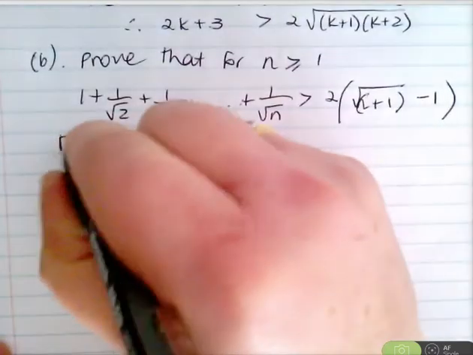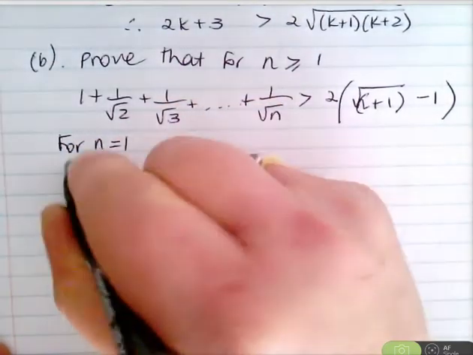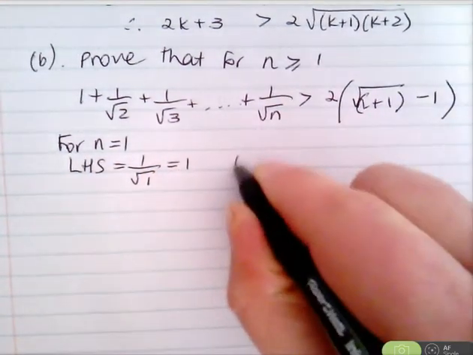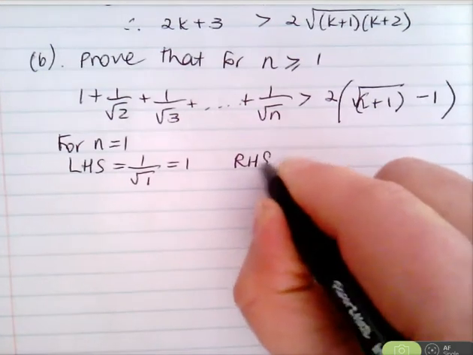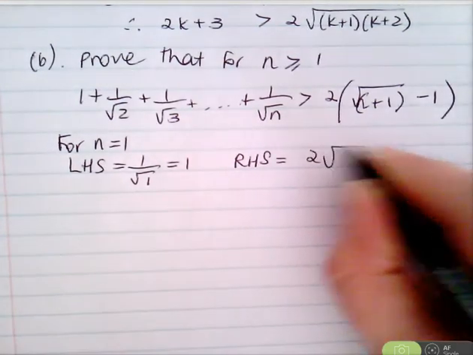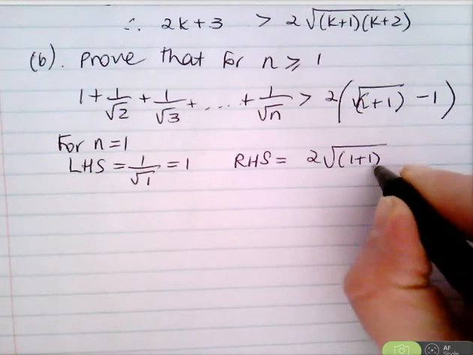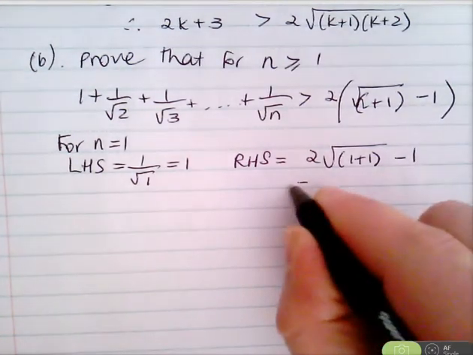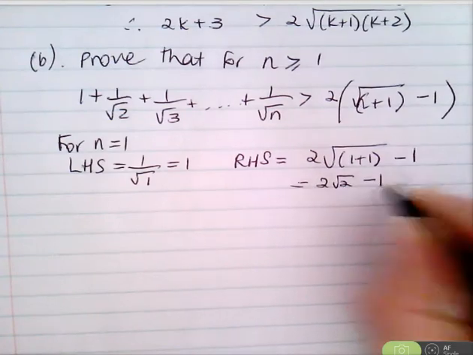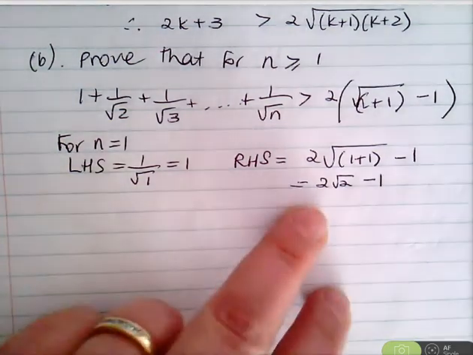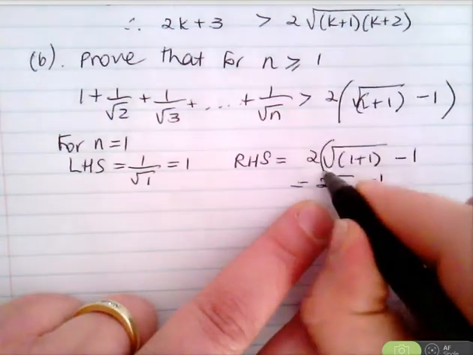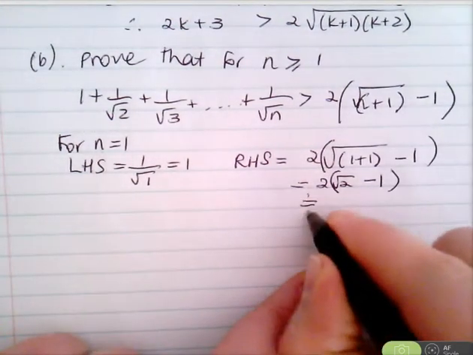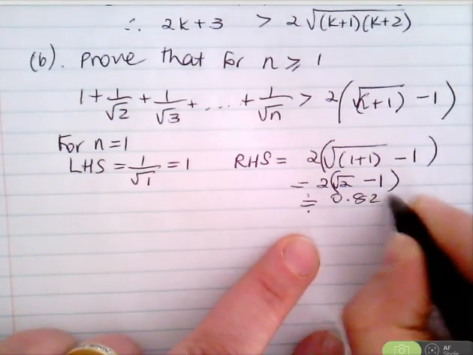So for n equals 1, our left hand side equals 1 over the square root of 1, which is 1, and our right hand side is equal to 2 times the square root of 1 plus 1 minus 1, which is 2 times root 2 minus 1, which is approximately equal to 0.828.